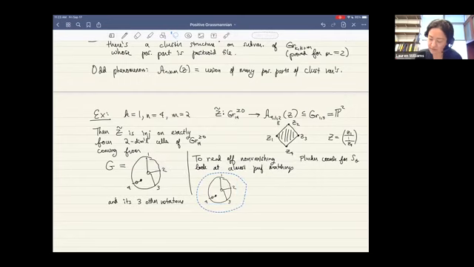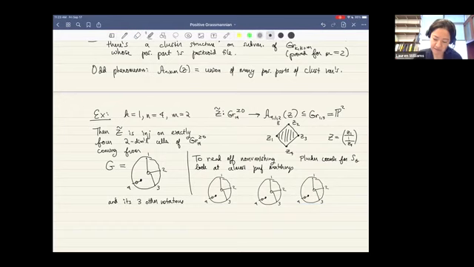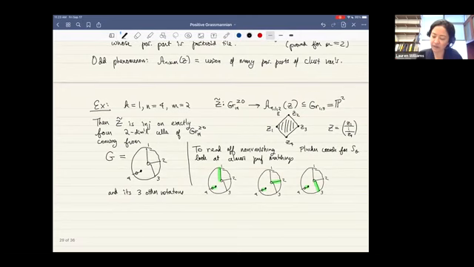There are going to be exactly 3 perfect matchings here, and they will be this, this, and this. Then to read off the non-vanishing Plücker coordinates, we look at what endpoints are involved. So it's endpoint number 1 here, endpoint number 2, and endpoint number 3.